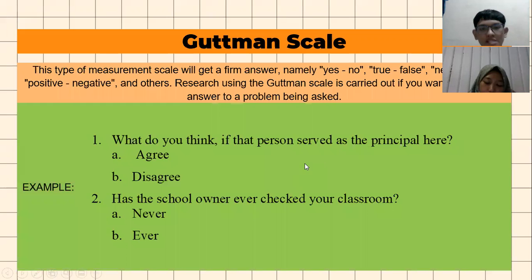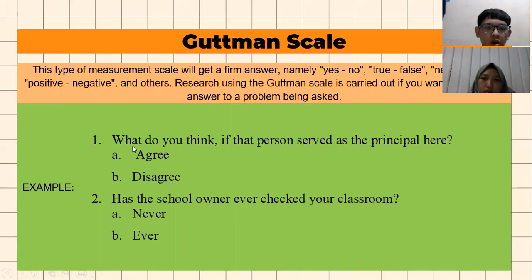Okay. The second is Guttman scale. This type of measurement scale will get a firm answer, namely yes, no, true, false, never, ever, positive, negative, or others. The researcher uses the Guttman scale if he wants to get a firm answer to a problem being asked.